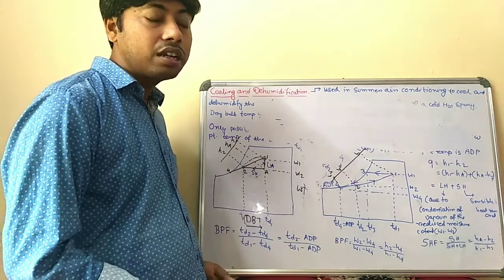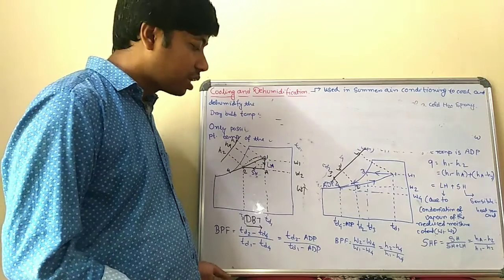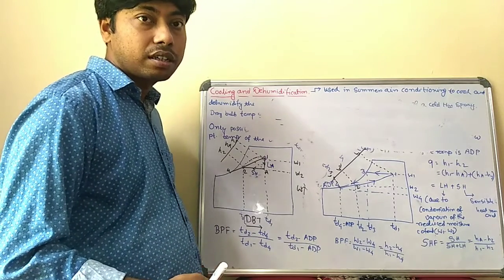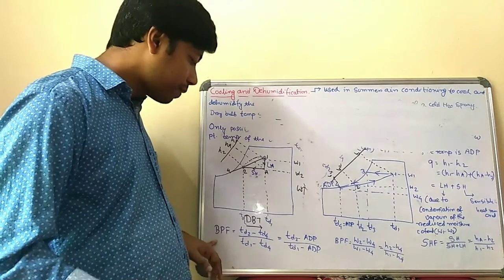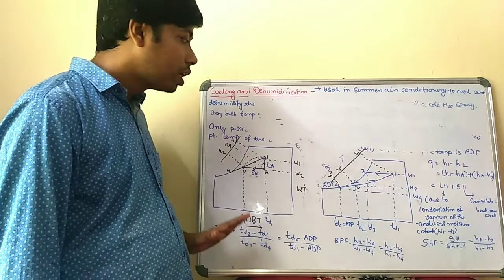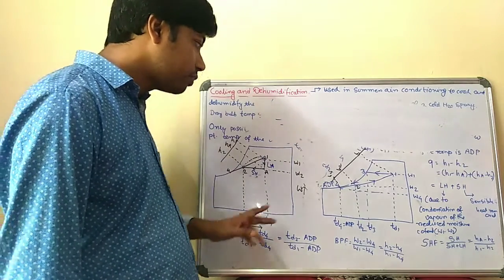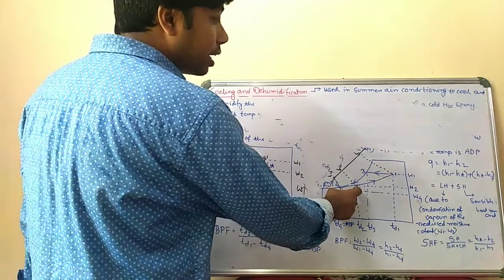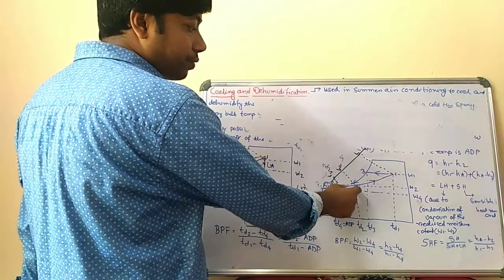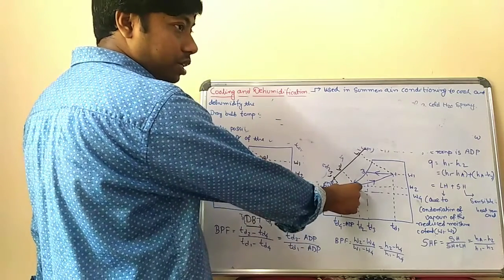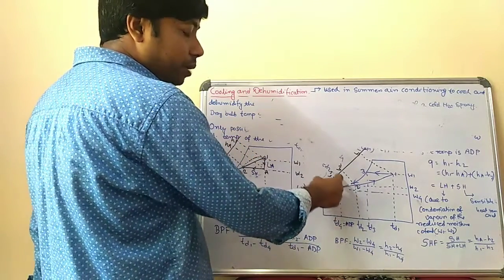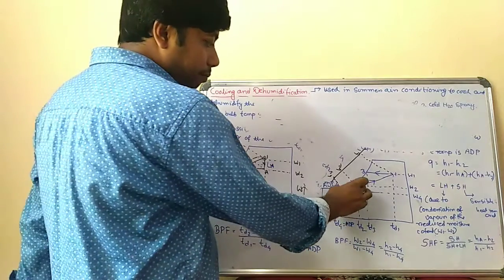That is not achieved due to the inefficiency, and that's why the bypass factor comes into the context. The bypass factor is basically the ratio of TD2 minus TD4, where TD2 is the exit air dry bulb temperature, and TD4 is the apparatus dew point temperature, or the dry bulb temperature of the cooling coil.